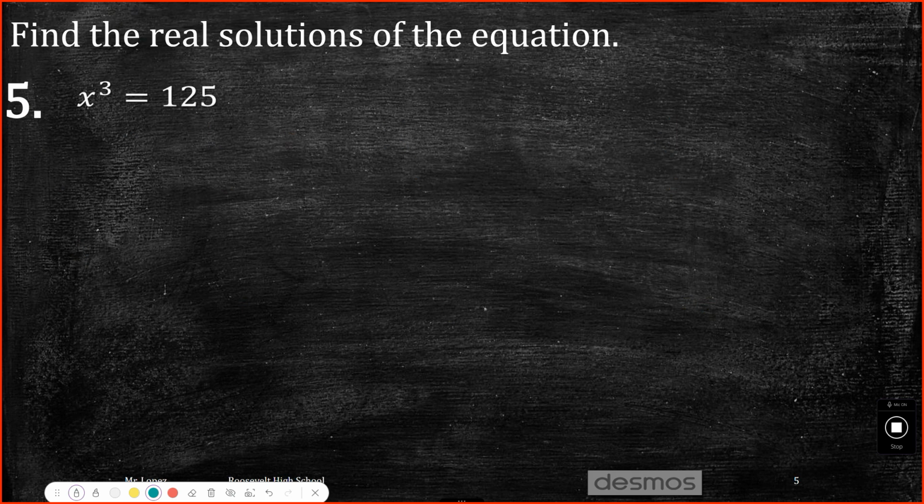Find the real solutions of the equation. Number 5. So we're solving this. Like we said before, when you're solving equations, the inverse operation of multiply is going to be what?